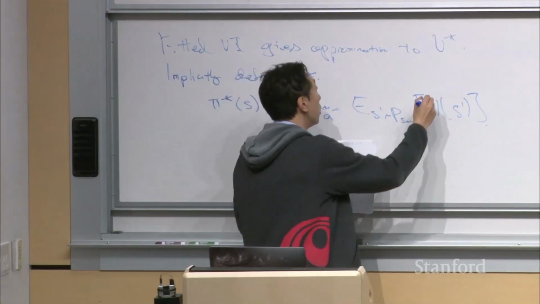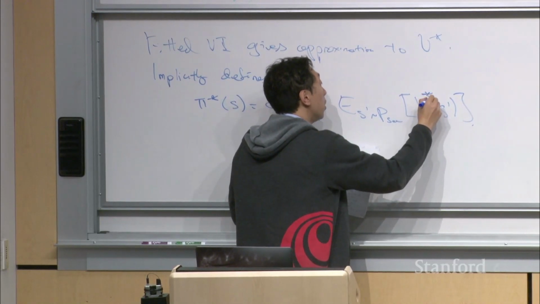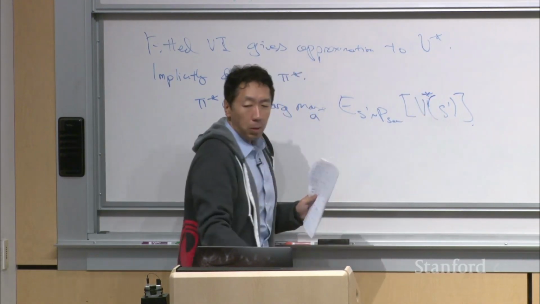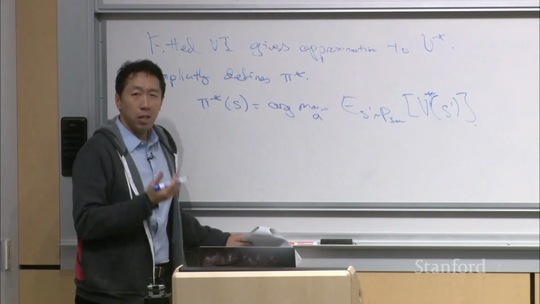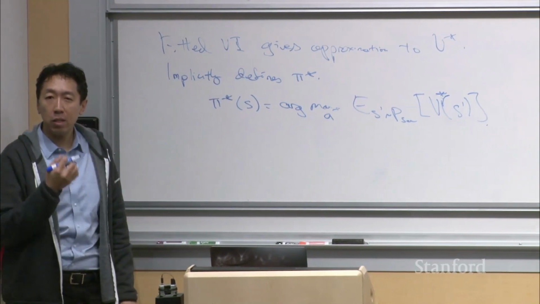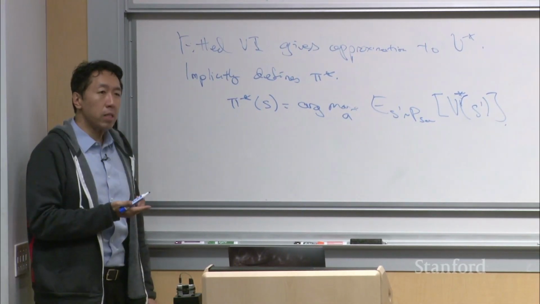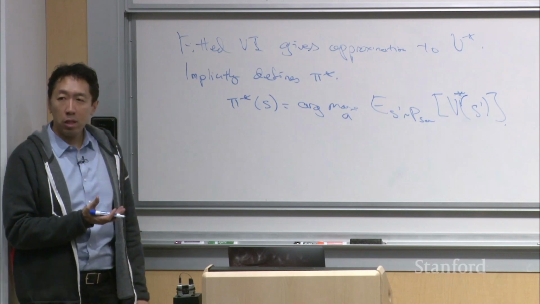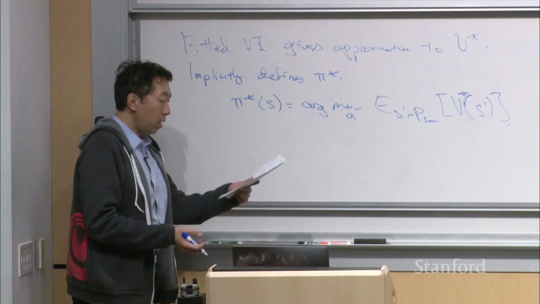When you're running a robot, you need to execute a policy pi: given the state, you need to pick an action. And having computed V star, it only implicitly defines the optimal policy pi star.